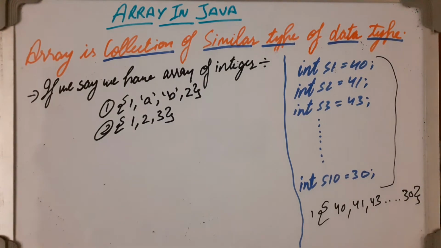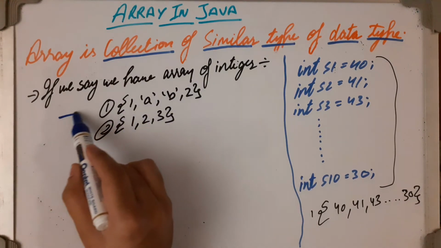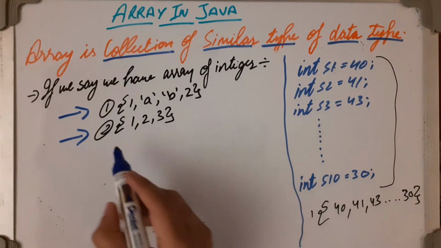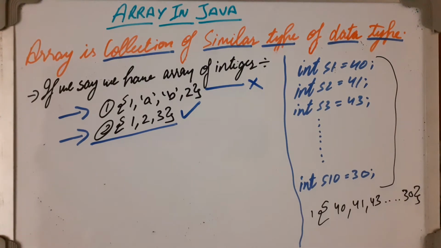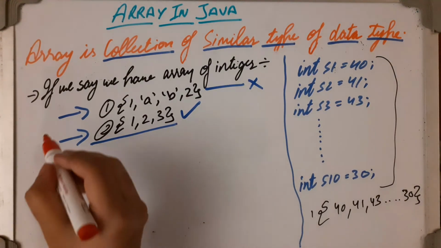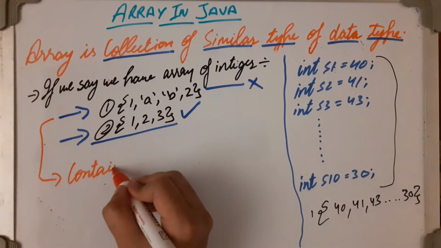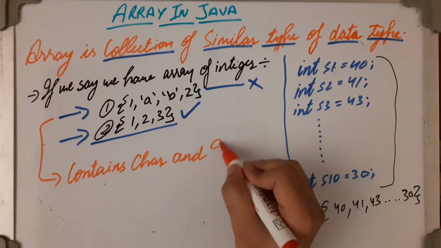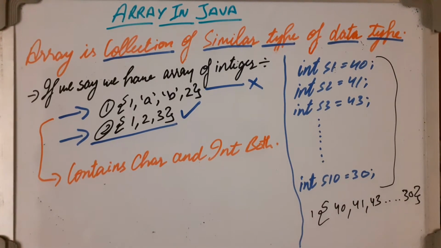Okay, so we are having an integer declaration. If we say we have an array of integer, this is a collection of same type of data. As you can see, the second one is a collection of same type of data. This is not a collection of same type of data because it contains char and int both, so it violates the definition of an array.